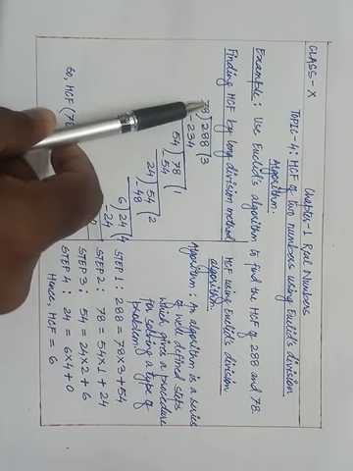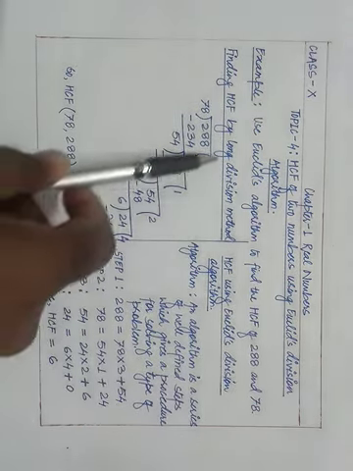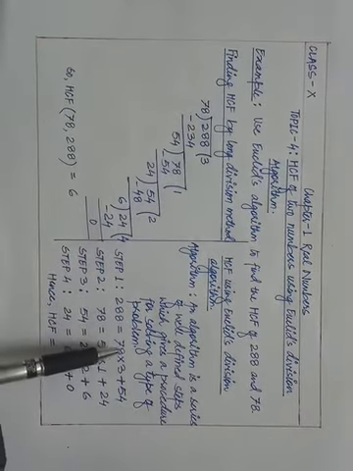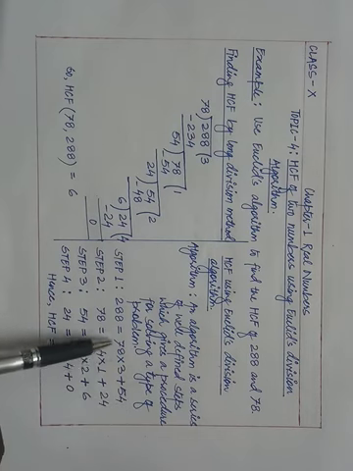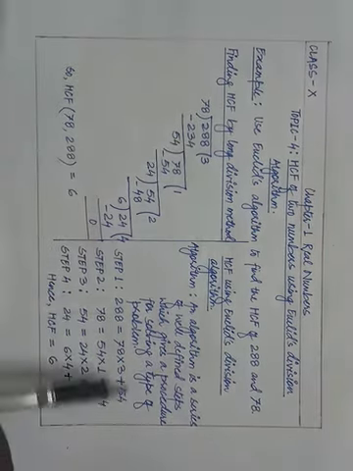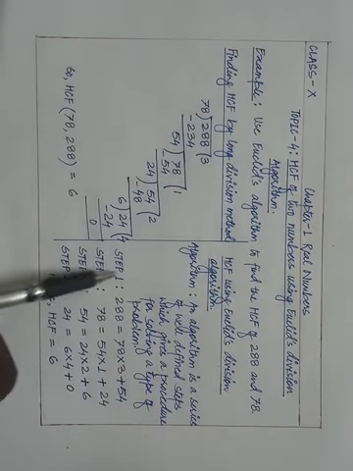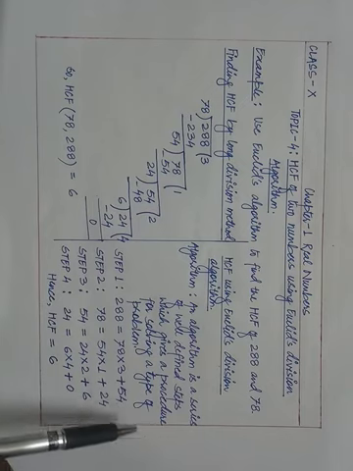This is A, this is B, this is Q, this is R. So in the very first step, we can write that 288 is equal to 78 times 3 plus 54. Now 78 multiplied by 3 is 234, plus 54 becomes 288. So we have applied Euclid's division lemma, but here the remainder is not equal to 0.